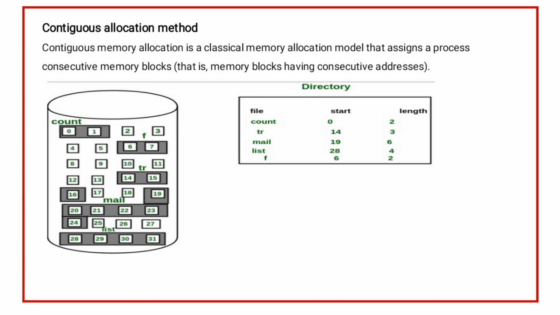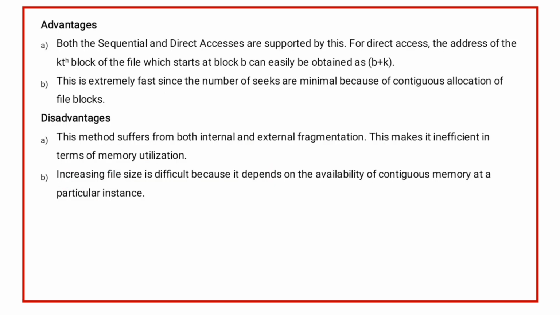Now, there are two drawbacks. The first one is that this method suffers from both internal and external fragmentation. This makes it inefficient in terms of memory utilization. The second drawback is that increasing file size is difficult because it depends on the availability of contiguous memory at a particular instance.